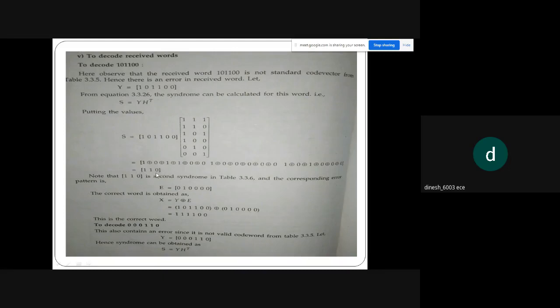Rather, y H transpose gives an error in the second row, which means the second bit is in error. So take that error and do modulo 2 addition with the given received code vector, and we get the actual correct code word. This is the procedure, and this is how to find the correct code vector.